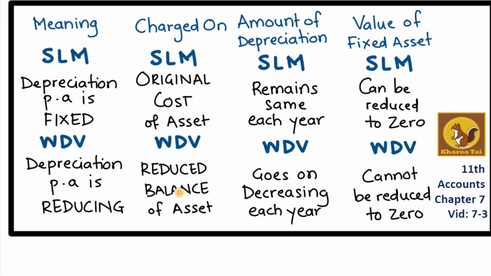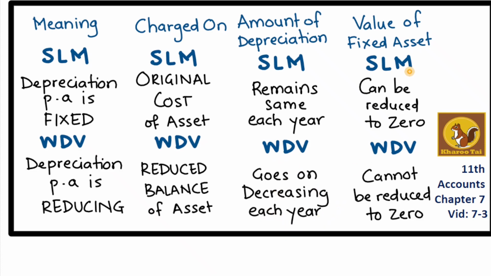So to summarize the differences, in meaning, in SLM depreciation is fixed, in WDV depreciation per annum is reducing. In case of SLM, it is charged on the original cost of the asset. In WDV, it is charged on the reduced balance of the asset. The amount of depreciation in the SLM method remains the same every year, while in the WDV method, it goes on decreasing each year.